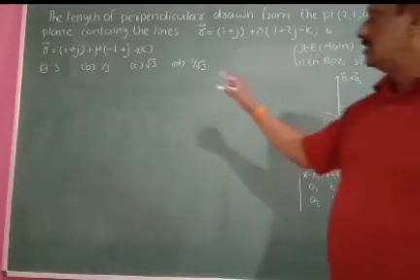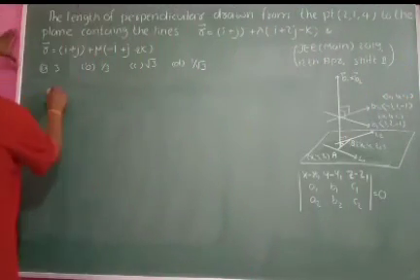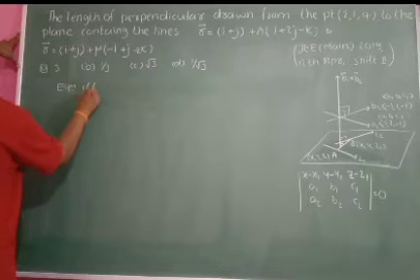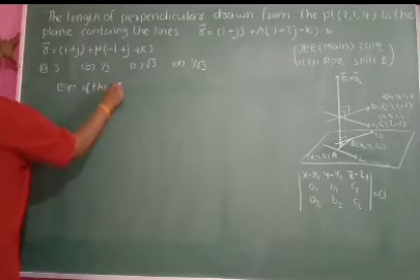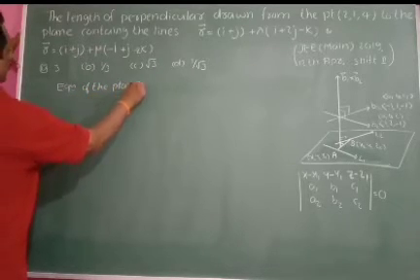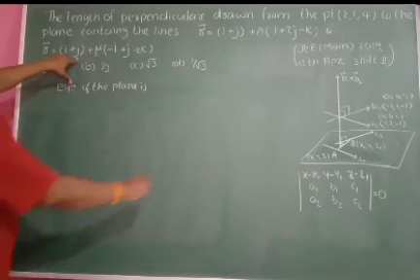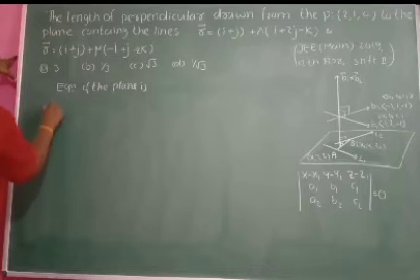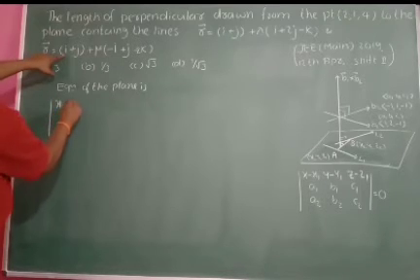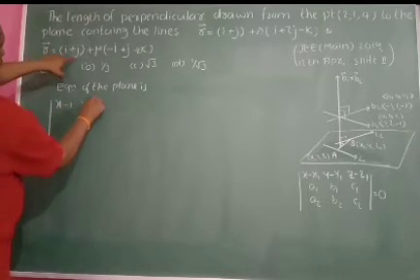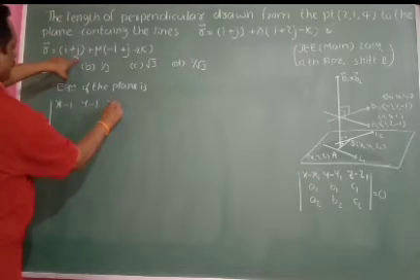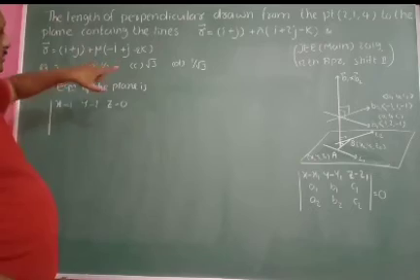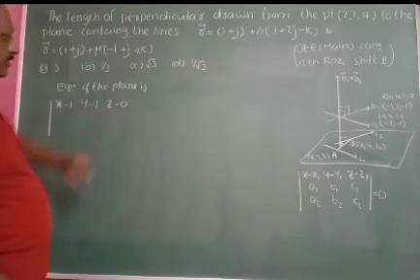So using that formula, the equation of the plane: in both cases i plus j is there. So take the determinant of x minus 1, y minus 1 and z minus 0, because there is no k term, meaning the line passes through (1, 1, 0).